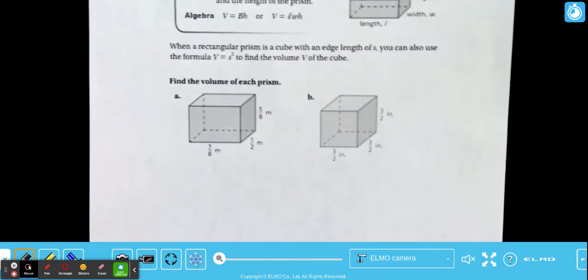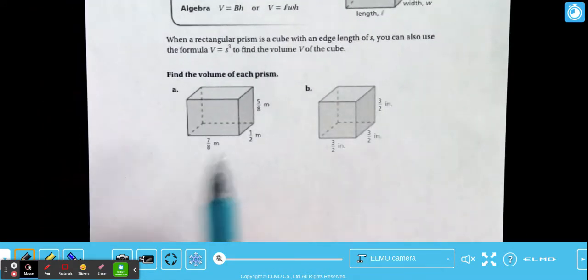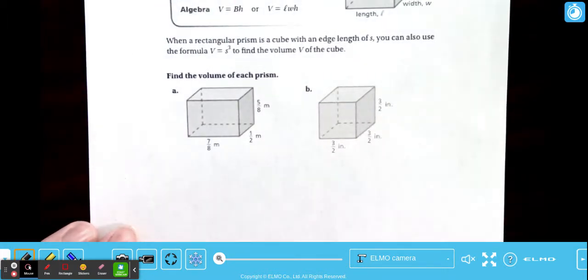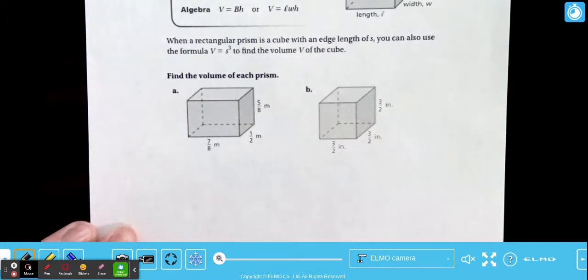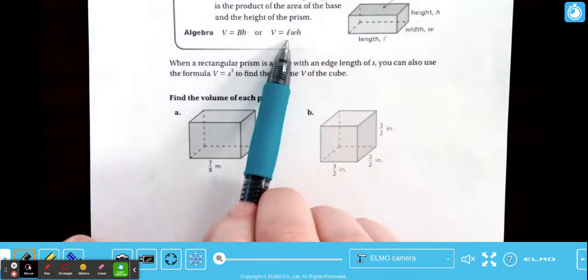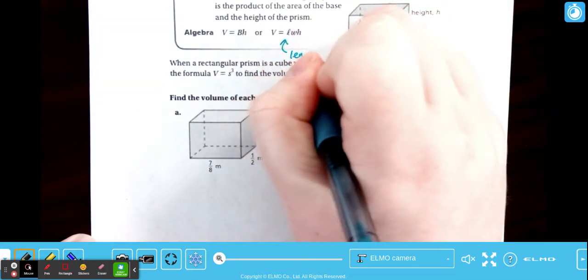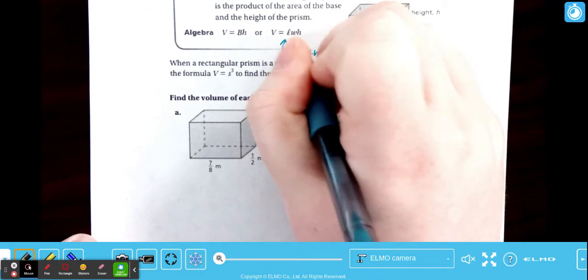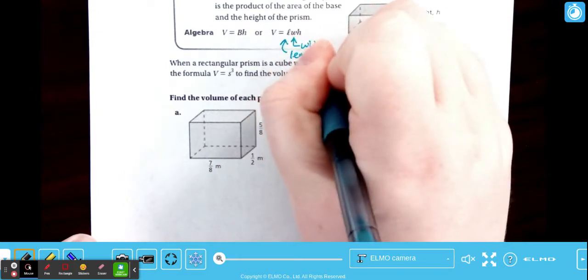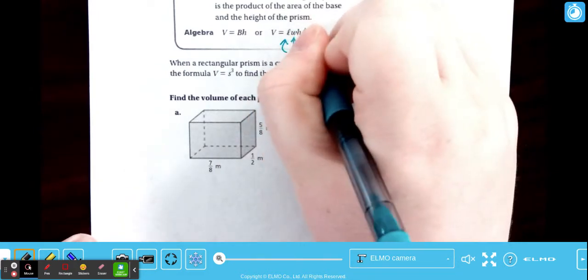So the first example we have is this rectangular prism over here. So what am I going to do to find the volume of it? So looking up here, what does L stand for? Length. What does W stand for? Width. What does H stand for? Height. Okay.